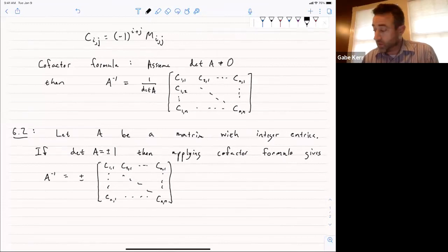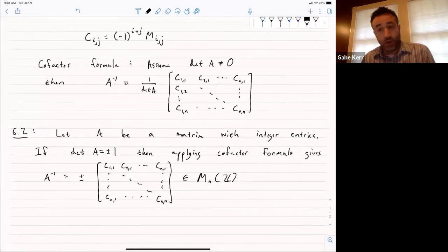So this is an integer matrix. If we know that the determinant of A is plus or minus 1, then we know indeed that the inverse is an integer matrix.